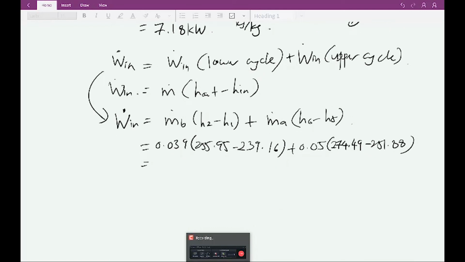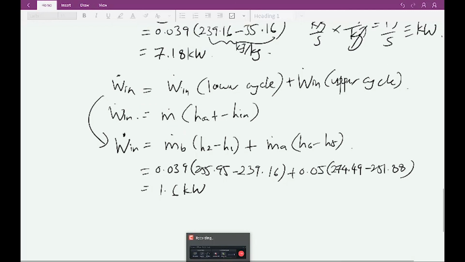Then you put the value together and you will get the answer estimated around 1.6 kilowatt. Right.